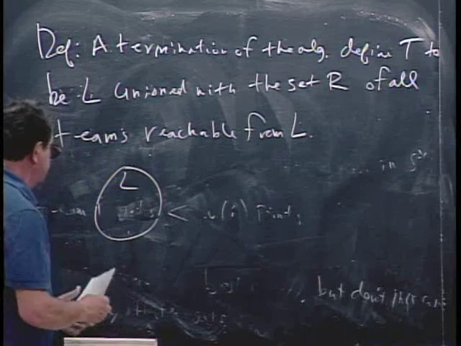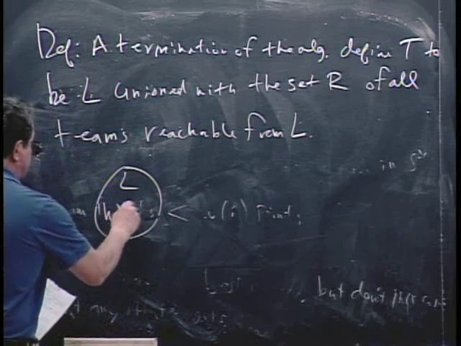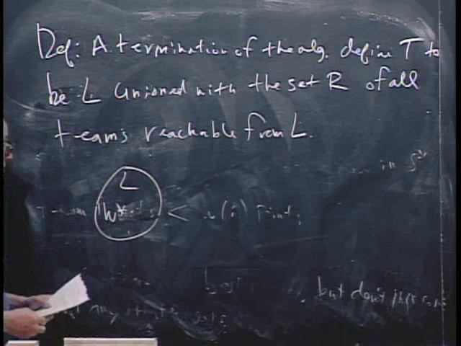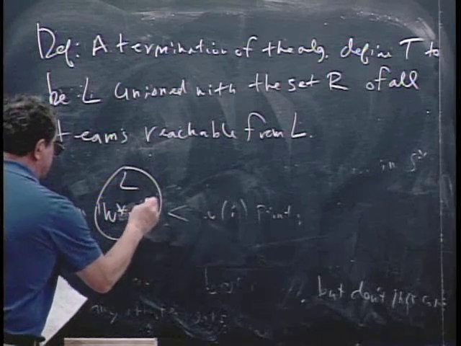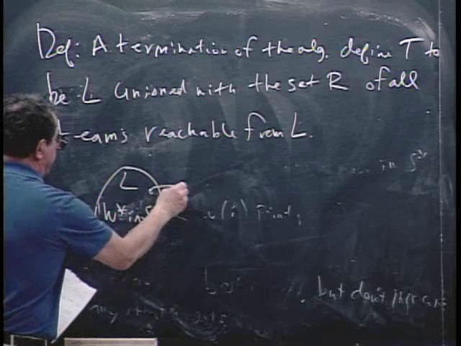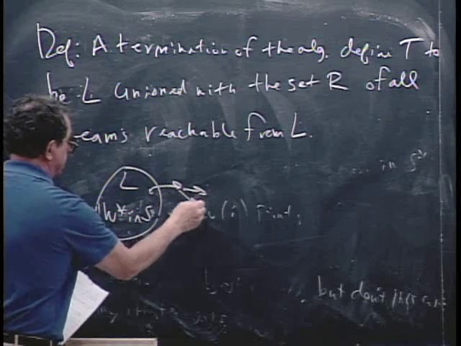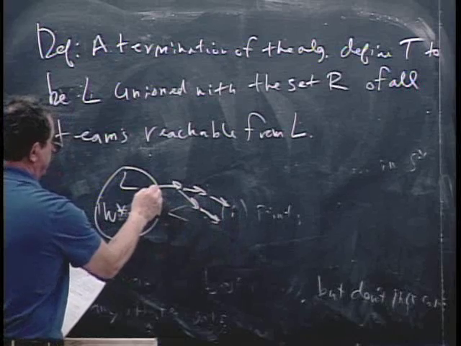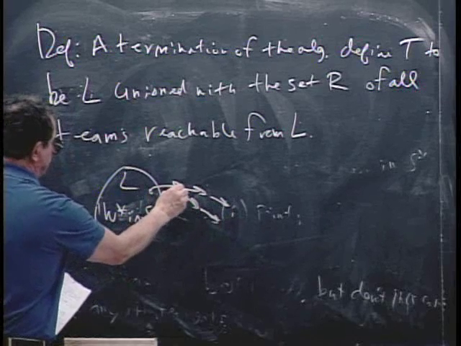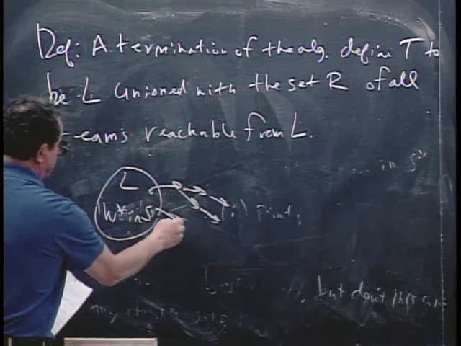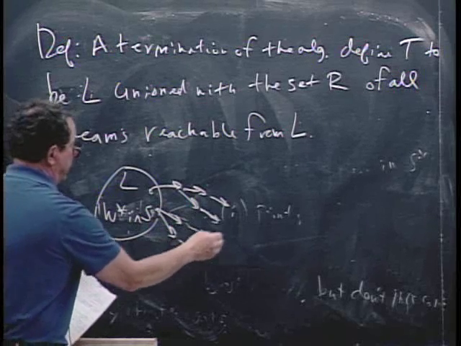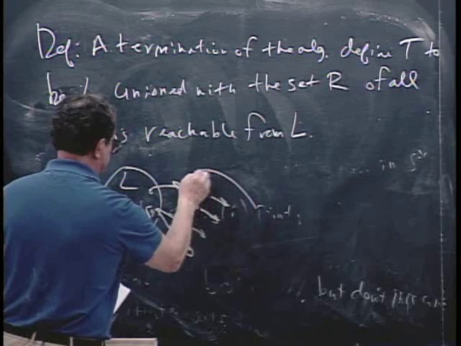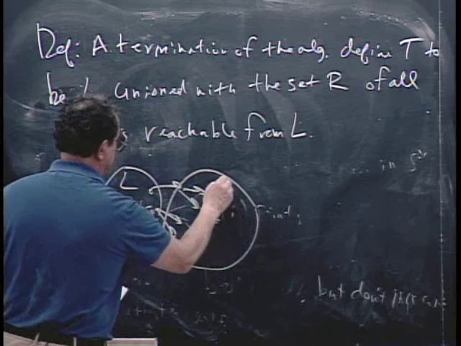It's the set of elements that have won W star games in the scenario S. And then we have these chains according to the definition of this team beats this team, and we could have chains from somewhere else, and so on. And everything that's reachable, this whole set here, would be R.